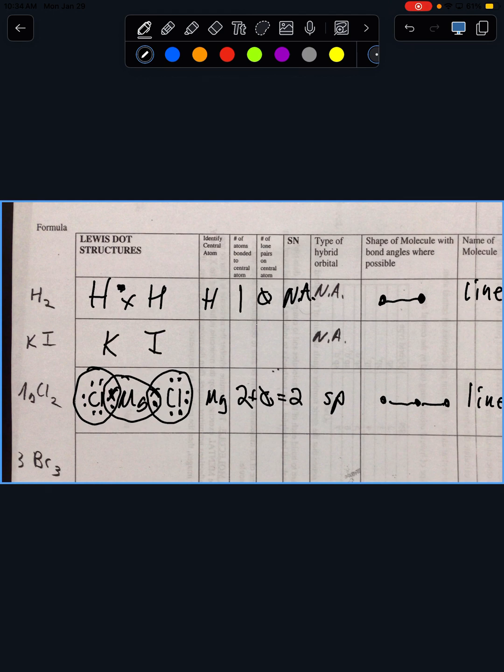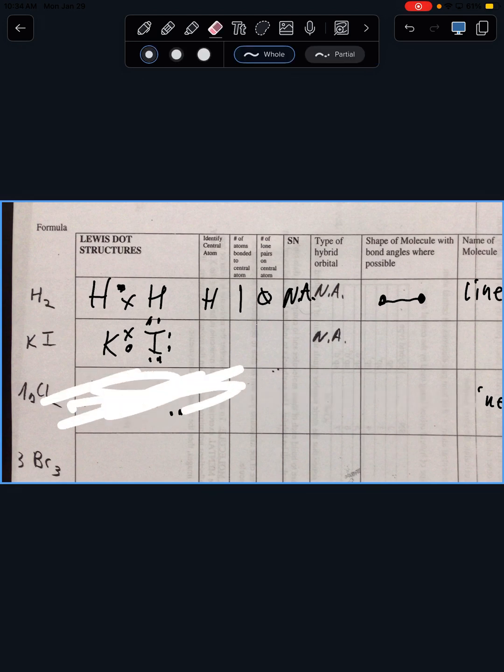All right, potassium iodide. Potassium has 1 electron, iodine has 7. I need to figure out if we are ionic or covalent.